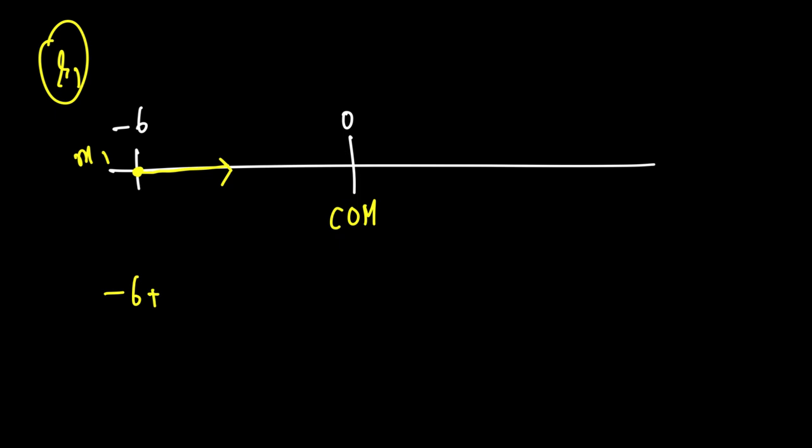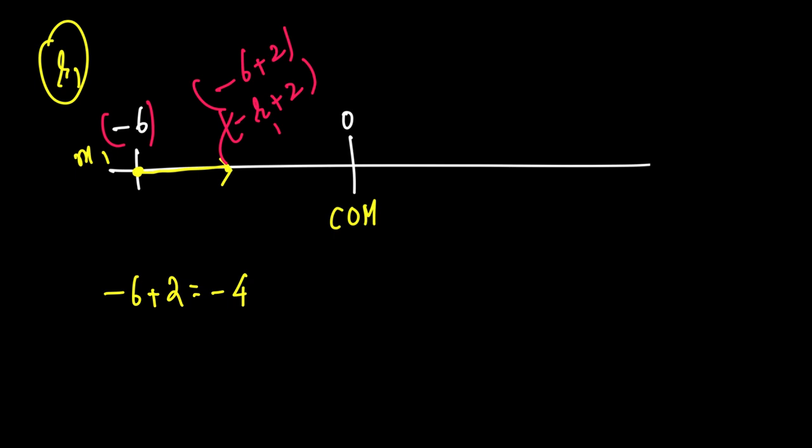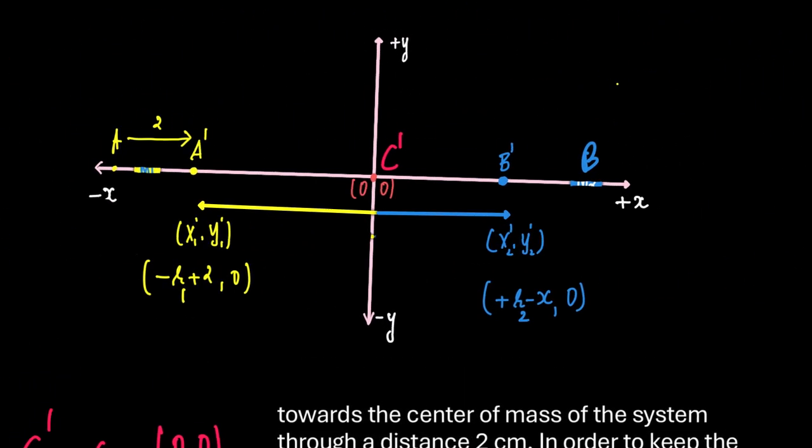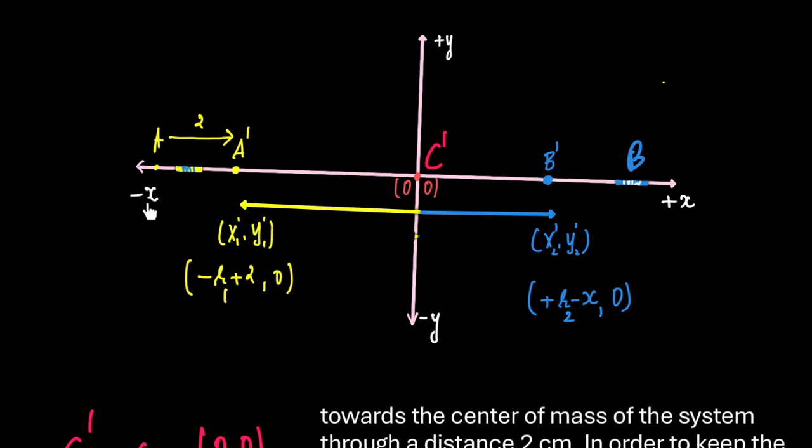It will be minus 6 plus 2, which is equal to minus 4, right? So this new coordinate is basically minus 6 plus 2. And if this location is not specified, that becomes minus r1 plus 2. So similarly, the earlier position was minus r1. Since it has moved 2 units towards the center of mass, that becomes minus r1 plus 2.